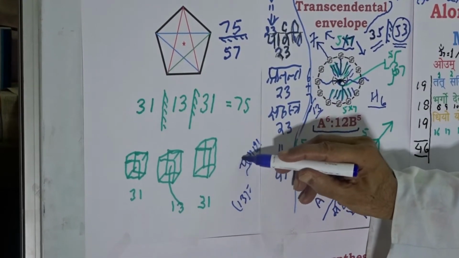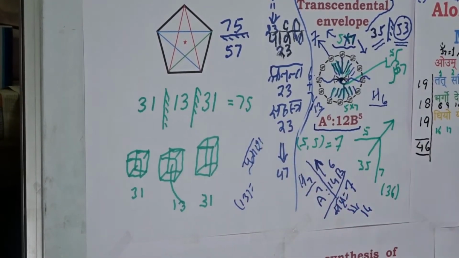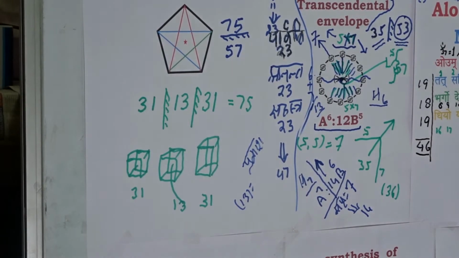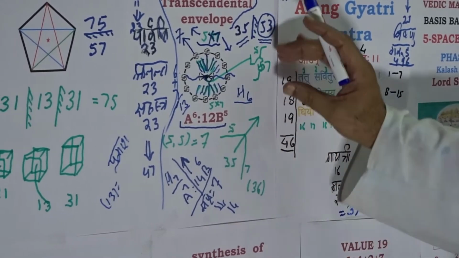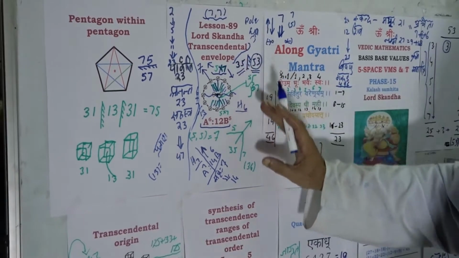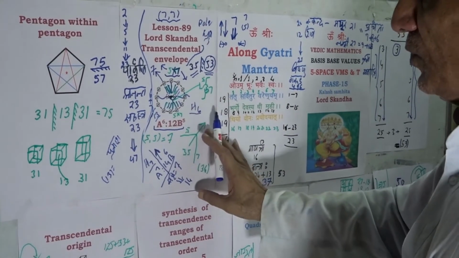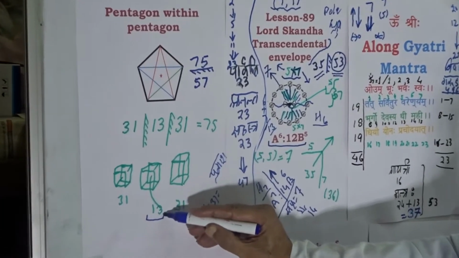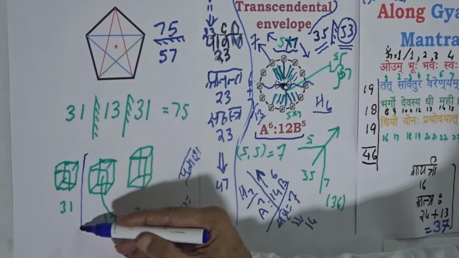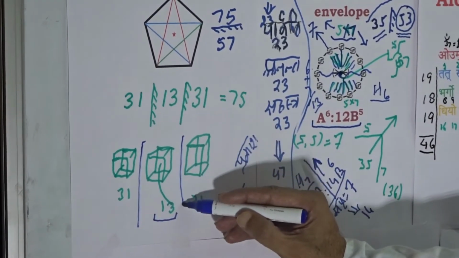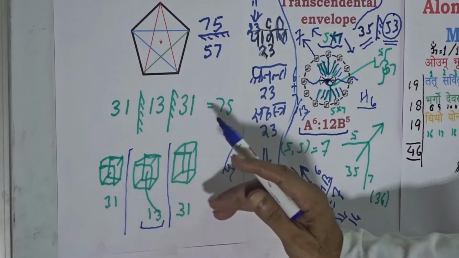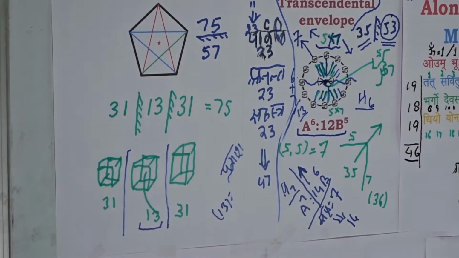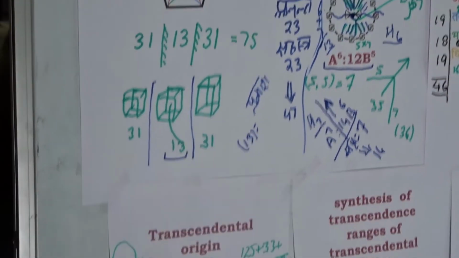One shall have a pause here and have a glimpse of this phenomenon of the transcendental envelope. Further, we know that value 13 is parallel to the value of a 13-edged cube, a 12-edged cube which manifests within a creator's space.